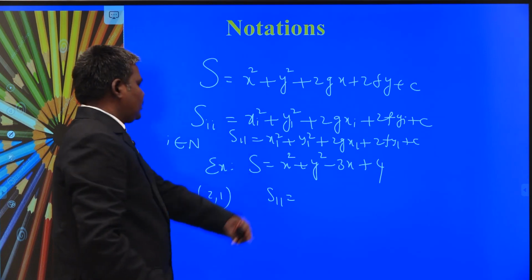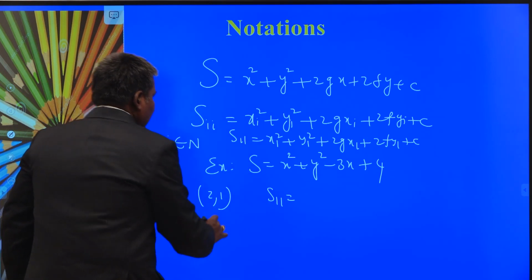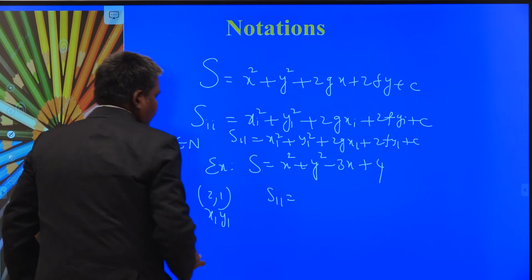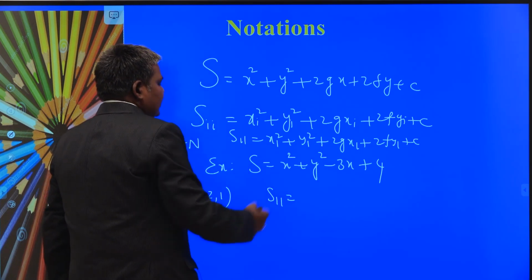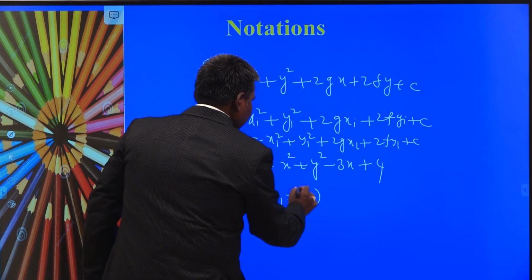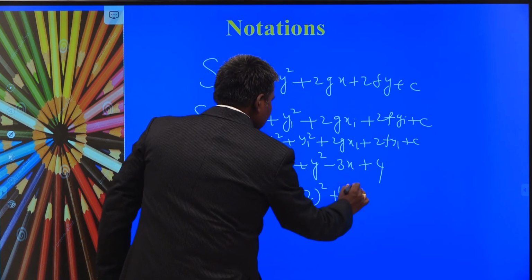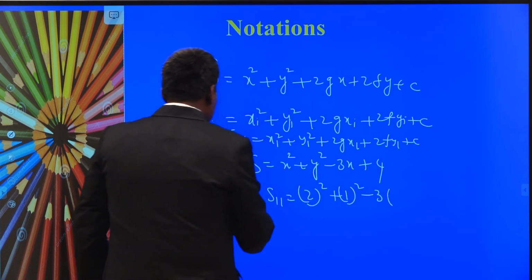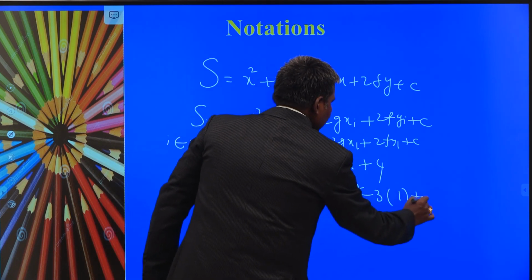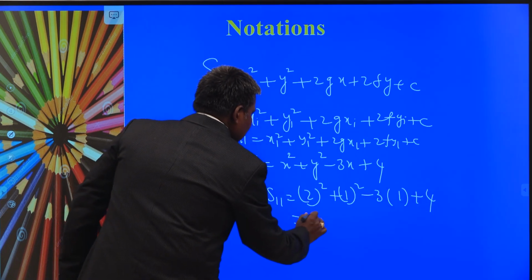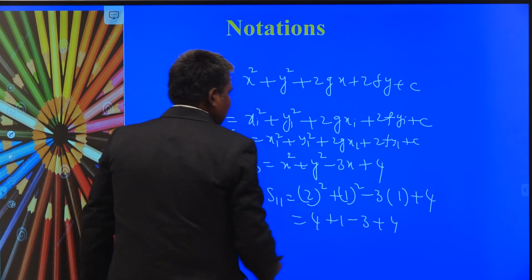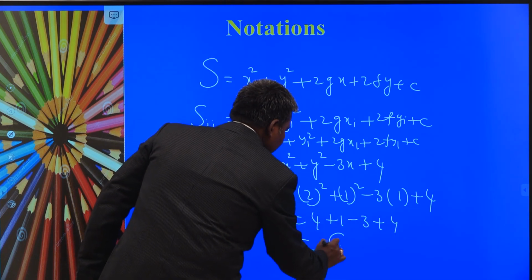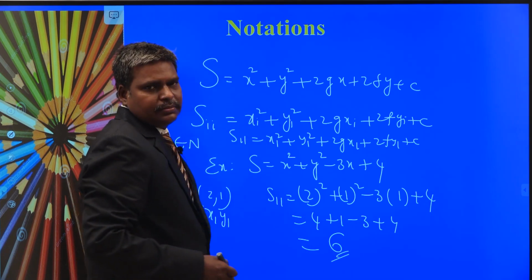This is S11. 2 comma 1 is your x1 comma y1, say. S11 is obtained by just substituting the point: 2 square plus 1 square minus 3 times 1 plus 4. That's all. That is nothing but 4 plus 1 minus 3 plus 4. This is 1, 1 plus 1, 2, plus 4, 6. This is also one value.